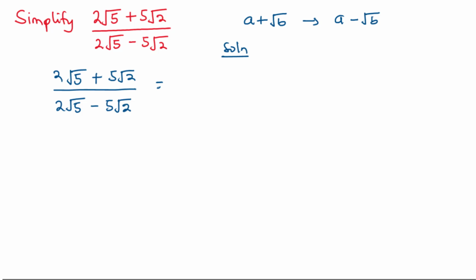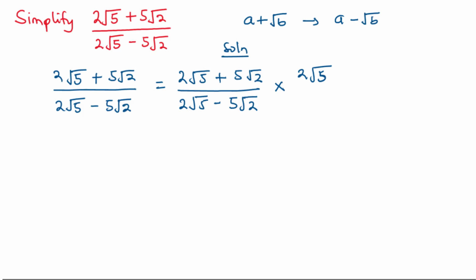So that's going to be 2 root 5 plus 5 root 2 divided by 2 root 5 minus 5 root 2 times 2 root 5, the sign changes, plus 5 root 2 divided by 2 root 5 plus 5 root 2.